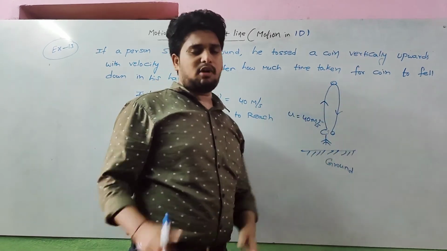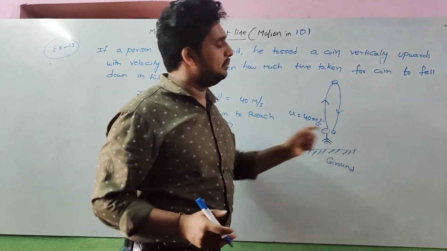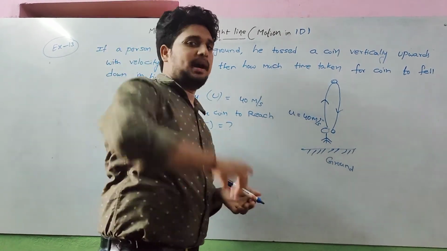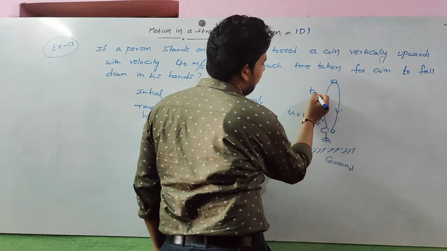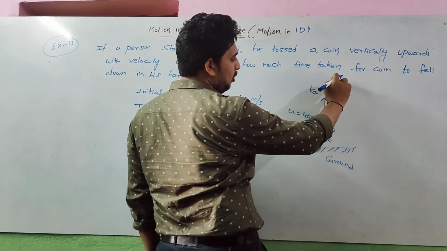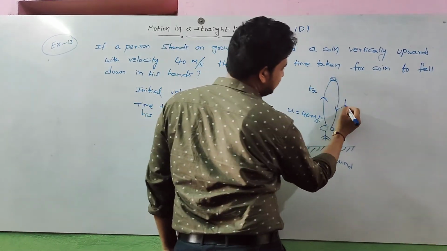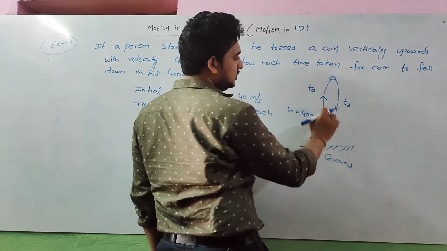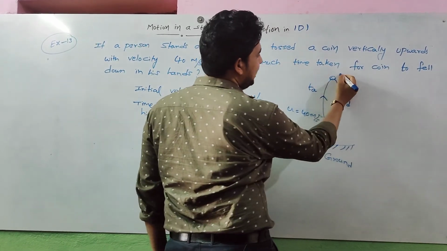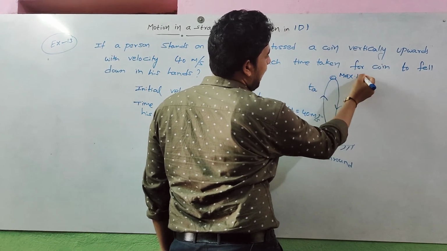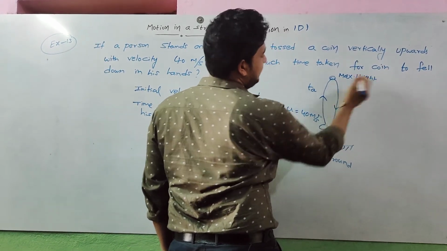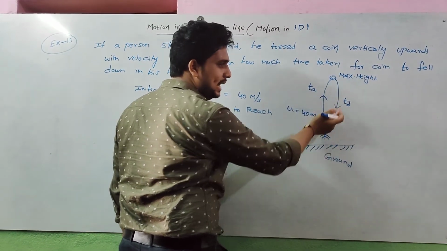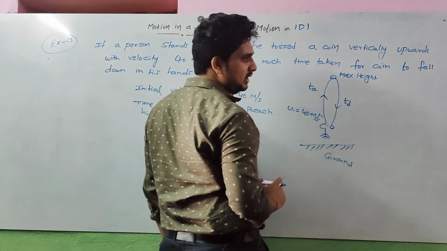So, what do we need to find in the question? The total time taken. First of all, the time taken for a body to reach maximum height is called time of ascent. The time taken by a body to reach the ground, in his hands, is called time of descent.